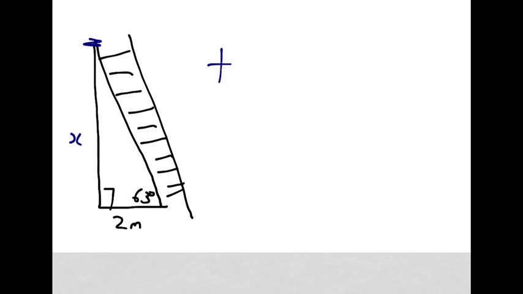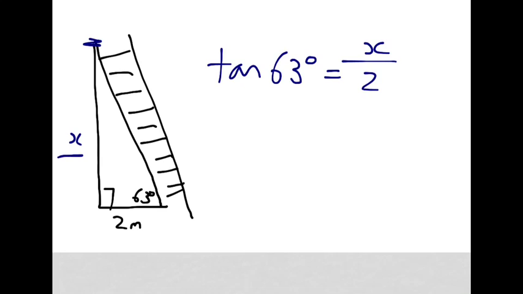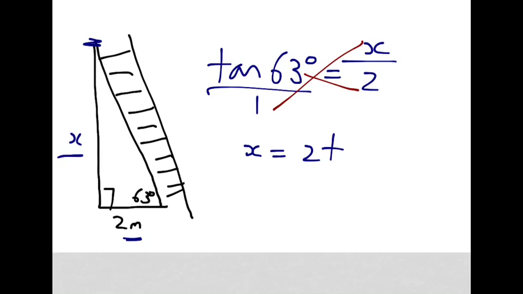So again, we set up our tangent ratio. So tan of, in this case, 63 degrees equals the unknown side, x, over 2. Opposite is x, 2 is the adjacent. So to solve for x, we're going to cross multiply. So I put this over 1, and 1 times x is just x, and 2 times tan 63 is basically 2 tan 63.